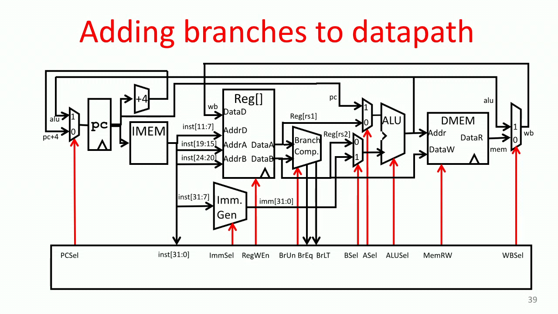This branch comparator can compare the 2 data values coming out of the register file, send these flag signals down to the controller, and then the controller can set this mux accordingly. So it's now going to choose between PC plus 4 or this branch target address. The branch target address is calculated by the ALU.